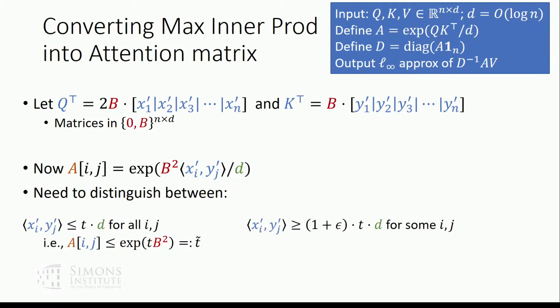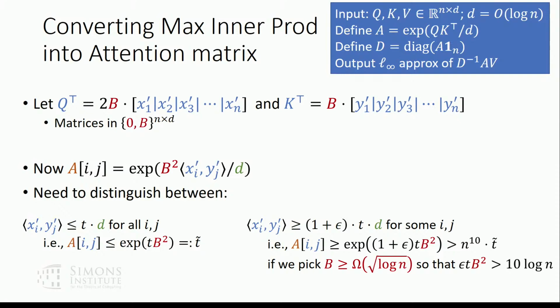And the second case is that there exists an entry where the inner product of the ith and jth vectors is at least 1 plus epsilon times t times d, which means the ijth entry of the attention matrix is at least e to the 1 plus epsilon times t times B squared. And if we pick B to be a big enough constant times square root log n, so that epsilon times d times t times B squared is like 10 times log n, let's say, then this is way bigger than t tilde.